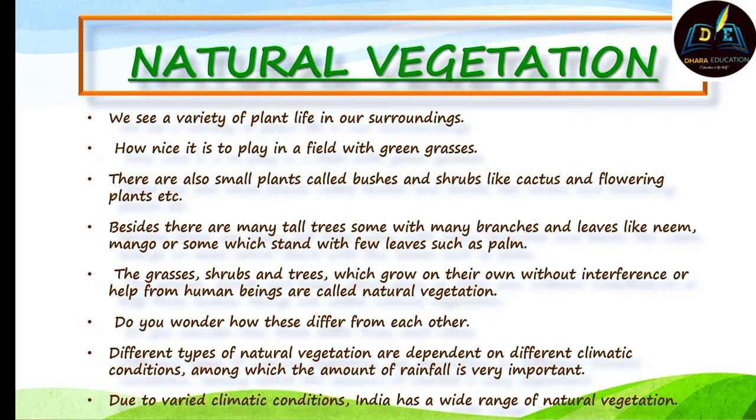Those are called small plants. But the plants which are very big in size, near your society, within your society, on the road, in the median of the road, those are trees. Those are known as trees. So we see a variety of plants in our surroundings every day.